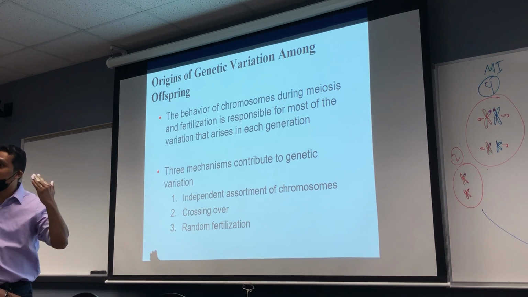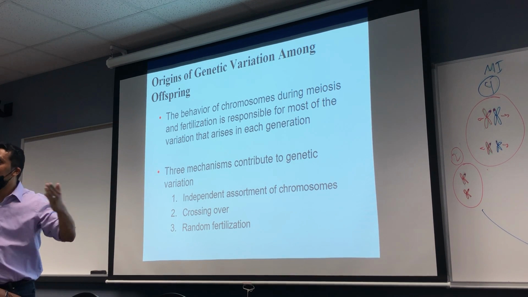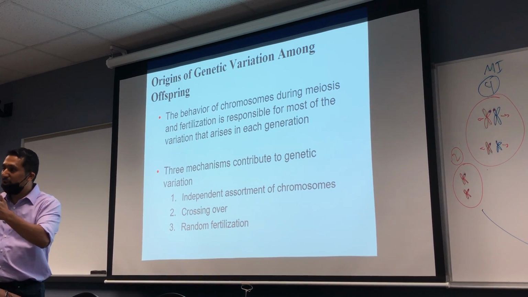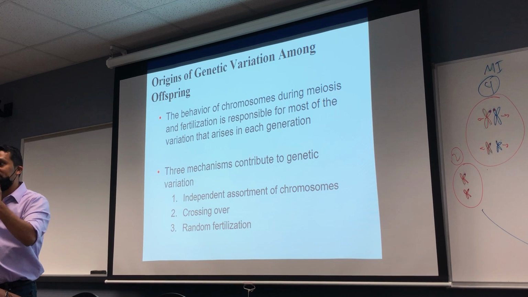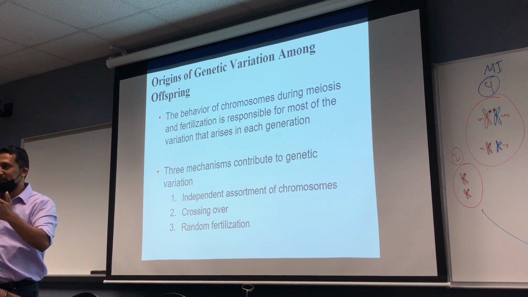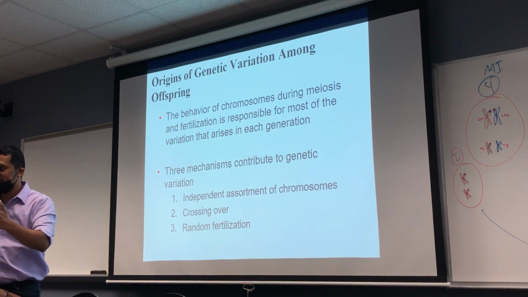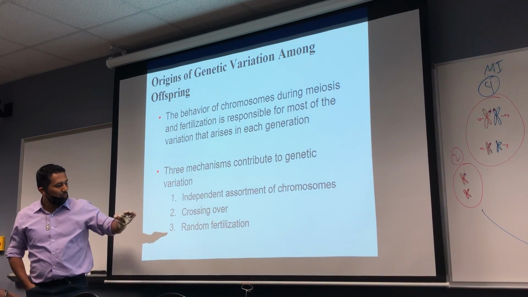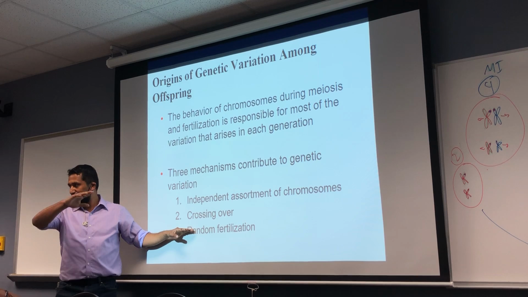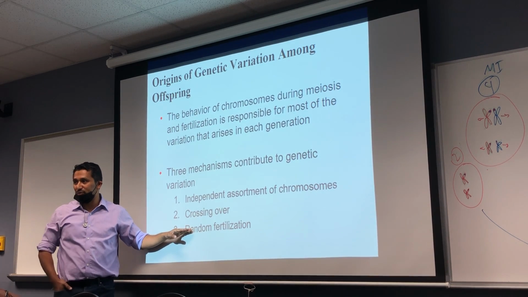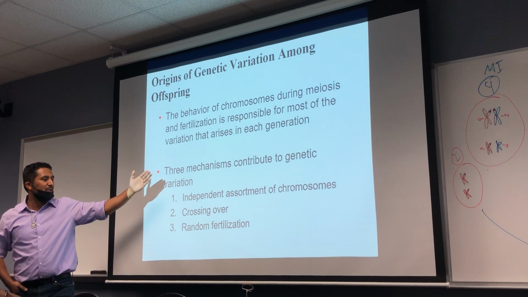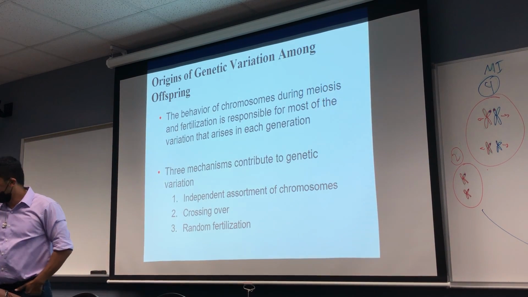Yeah, no, but it will be that, right? Random fertilization. It will be that sperm right there, the lucky one that fertilizes the egg. Random fertilization will be one out of 200 to 500 million sperm. Then you have independent assortment, then you have crossing over.